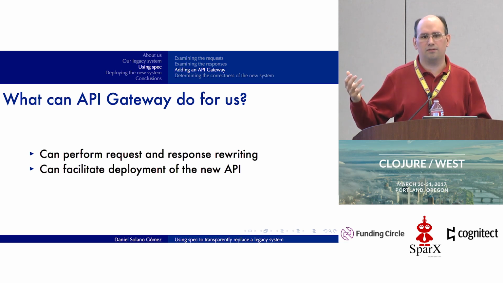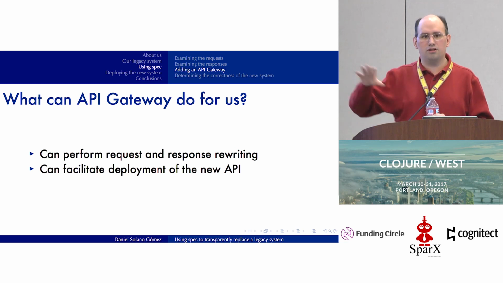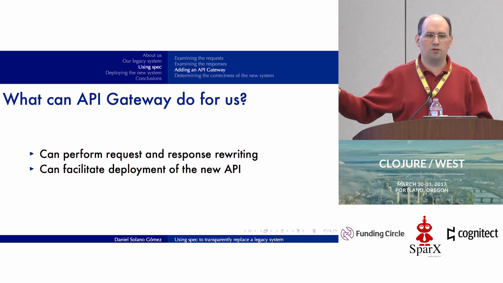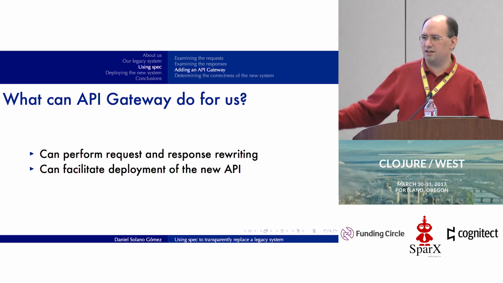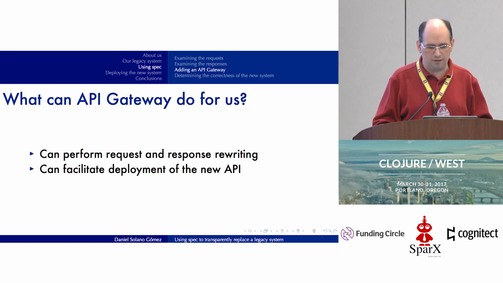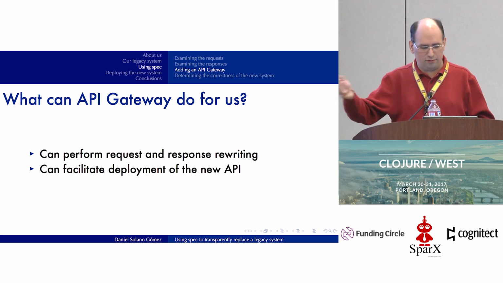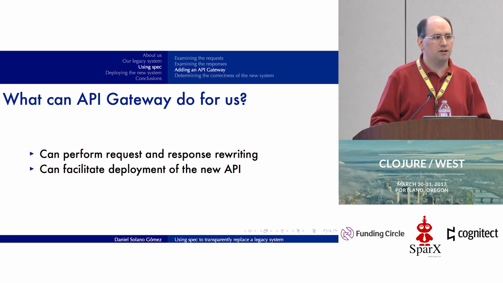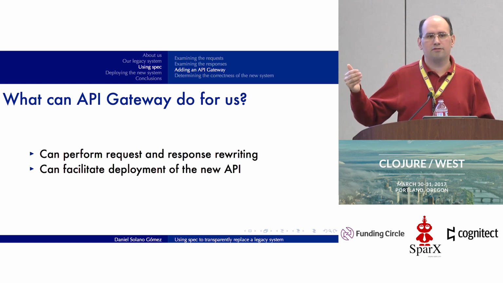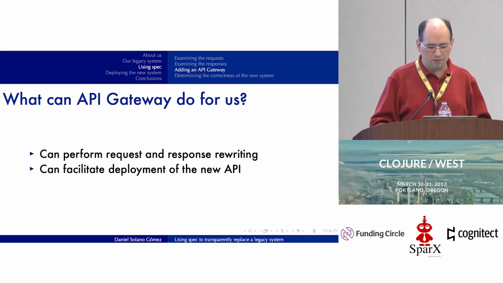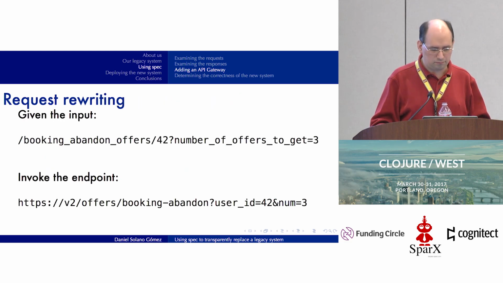That allows us to make our new system behave more like the old system without actually changing the code in the old system. And as we'll see towards the end of this talk, using API Gateway made deploying from the old system to the new system very easy to do.